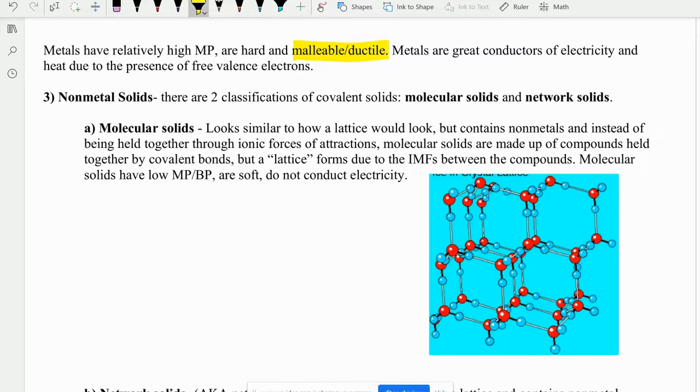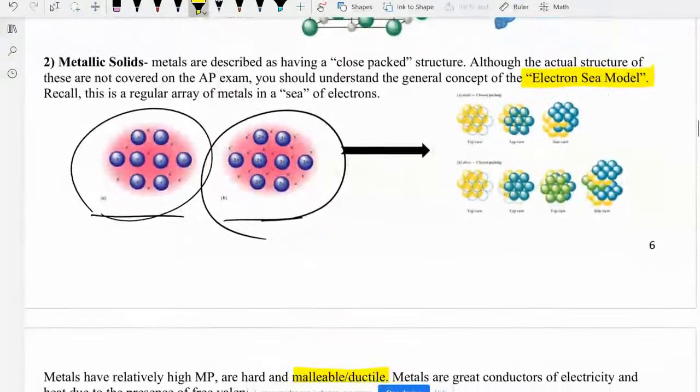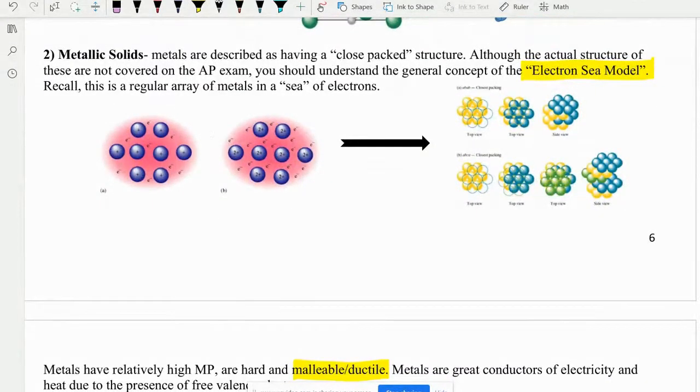Okay, so one of the things that you should understand is metals are great conductors of electricity. And that is because they have those free electrons available to complete the circuit. And you can see those free electrons up here in the image that I put of a metallic solid. So imagine sending an electrical current through a metal sample.